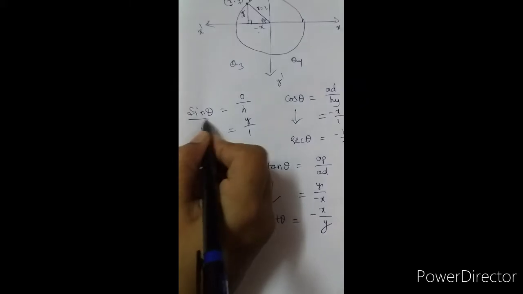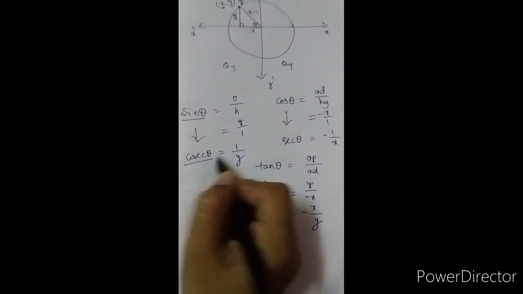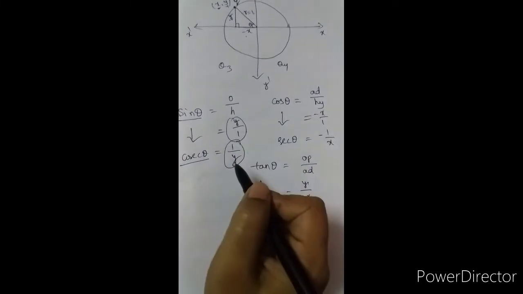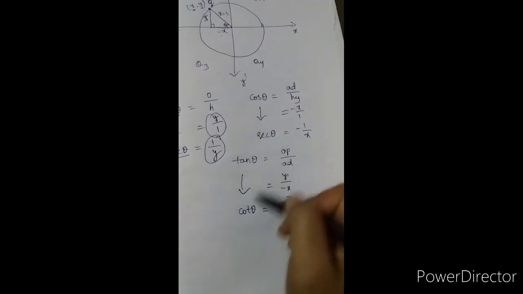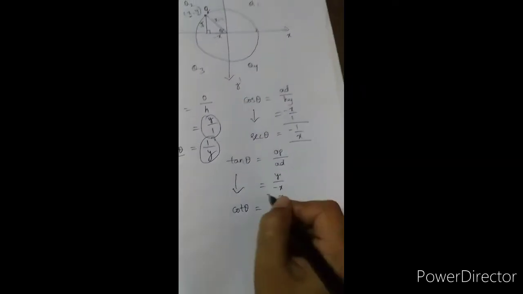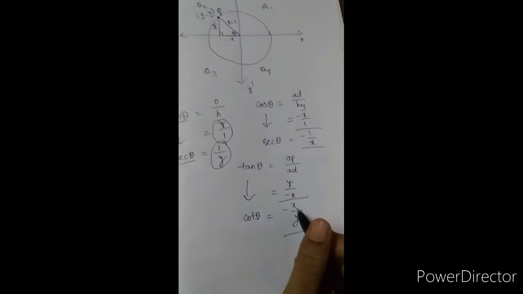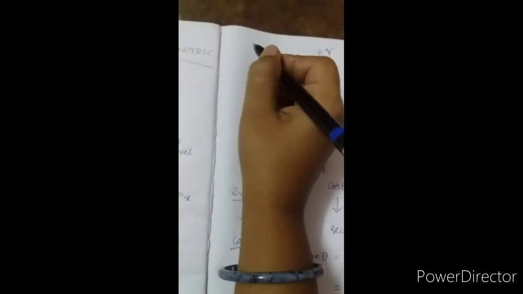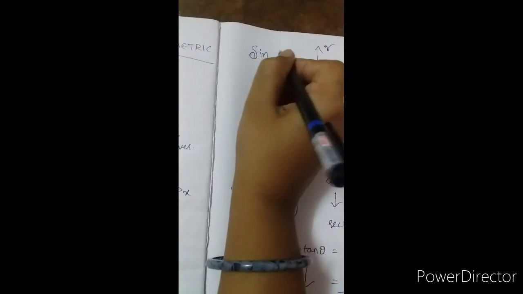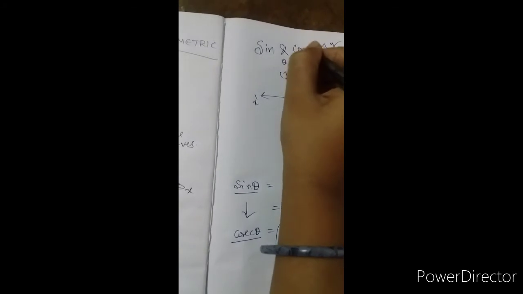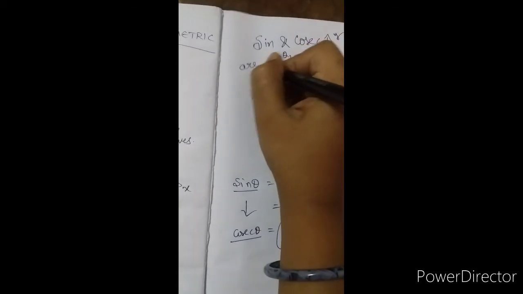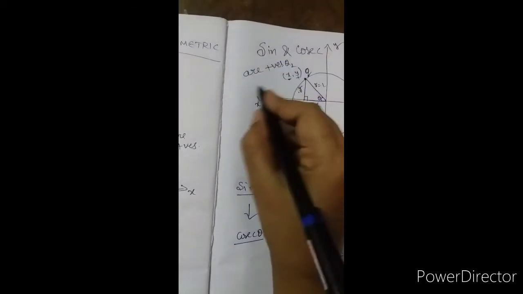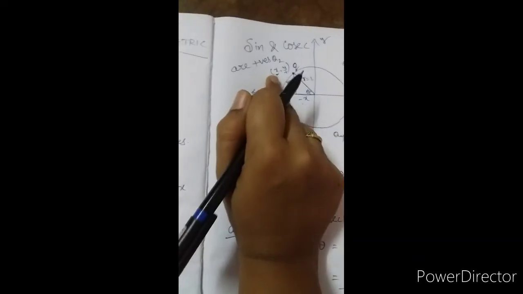See, sin theta and its reciprocal are positives, and all the remaining ratios got negative answers. So in quadrant 2, sine and its reciprocal cosec are positives. Remaining all are negative in quadrant 2.